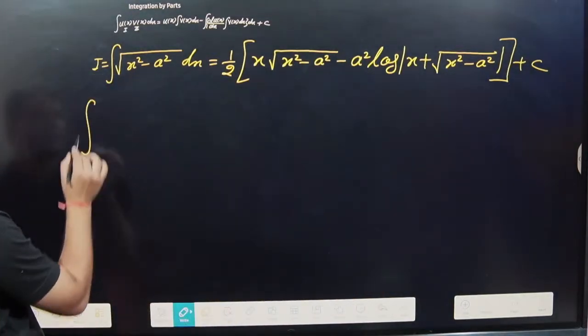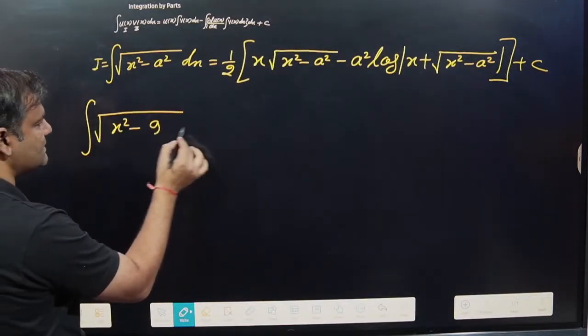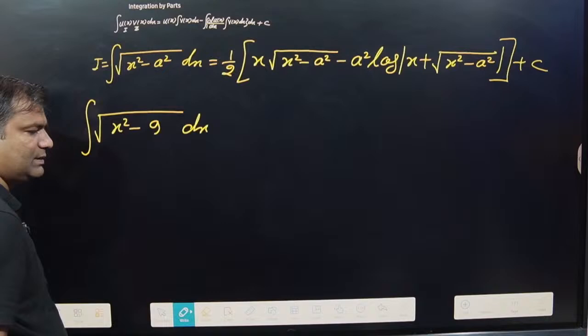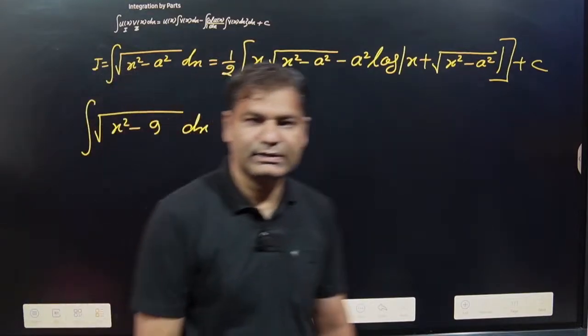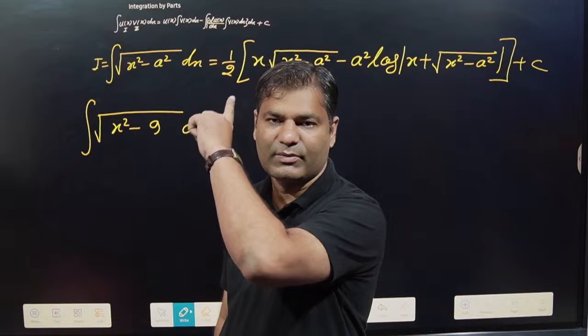Look here. The question is given: under root x square minus 9 into dx. How can you integrate this type of problem? Simply, first of all, memorize this formula.